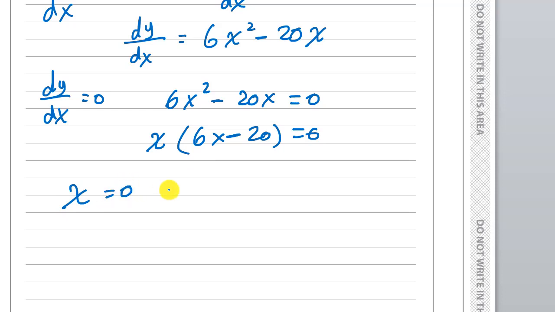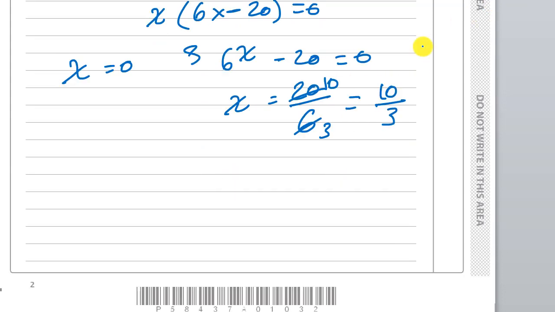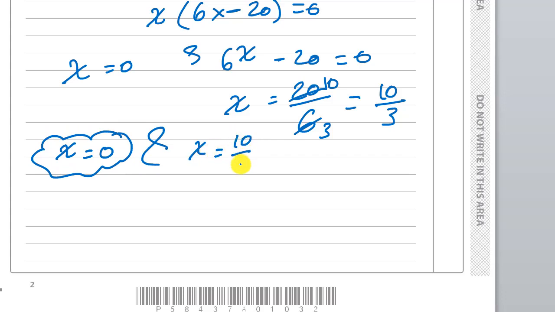So x equal to 0 and 6x minus 20 equal to 0, so x equal to 20 divided by 6, which, divided by 2, equals 10 divided by 3. So we will write the answer here: x equal to 0 and x equal to 10 divided by 3.